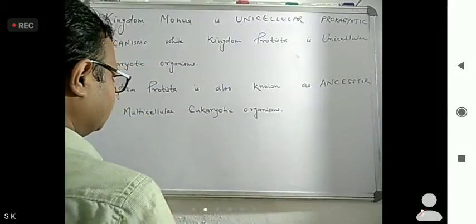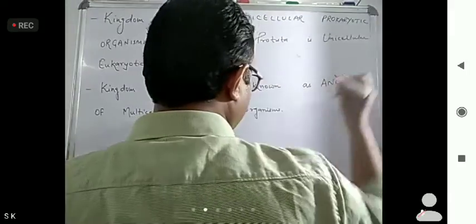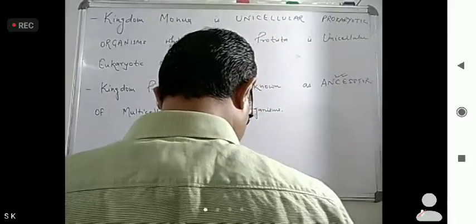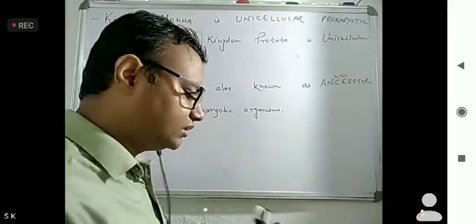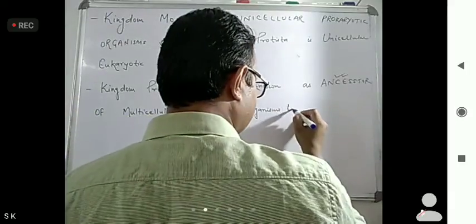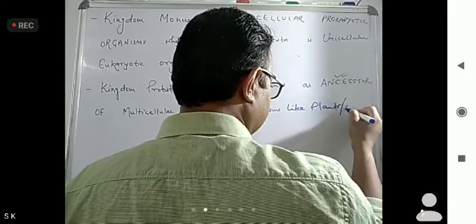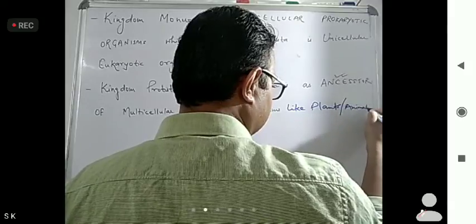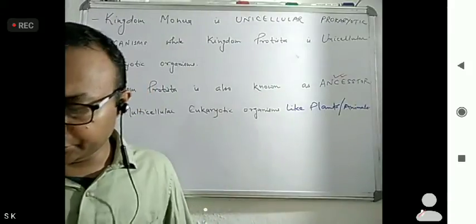Okay, this line is asked in medical questions. You have to remember, it is known as the ancestor of multicellular eukaryotic organisms like plants, animals. So that is Kingdom Protista.